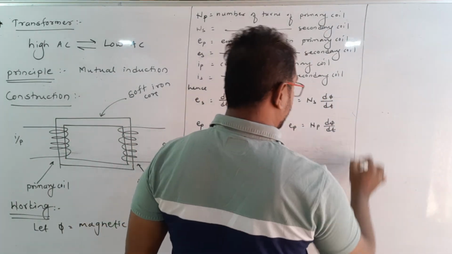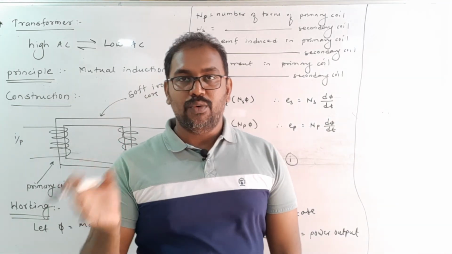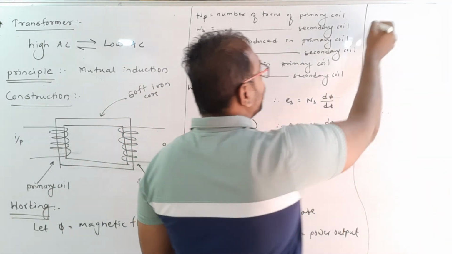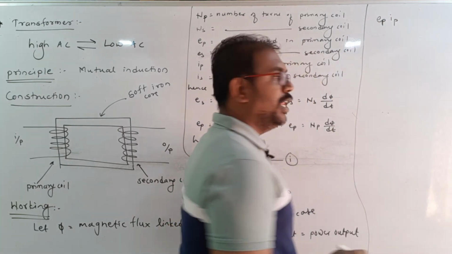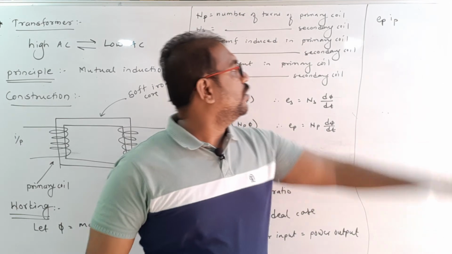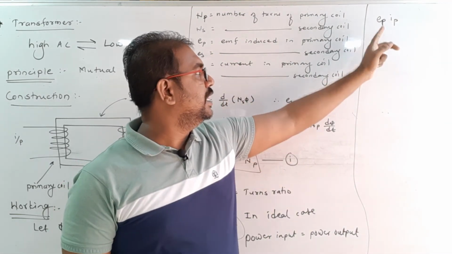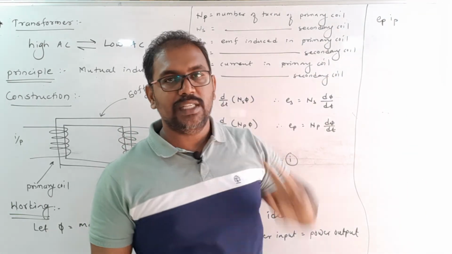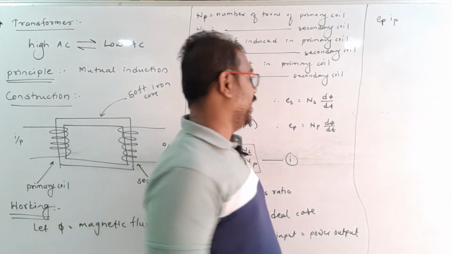Now let me write the formulas here. For input power, we know the formula of power is I into V. So input power we can write as EP IP. Input is given at the primary, so EP into IP. Instead of V, we are using E in this chapter. So E into I is the power. So input power is EP IP.